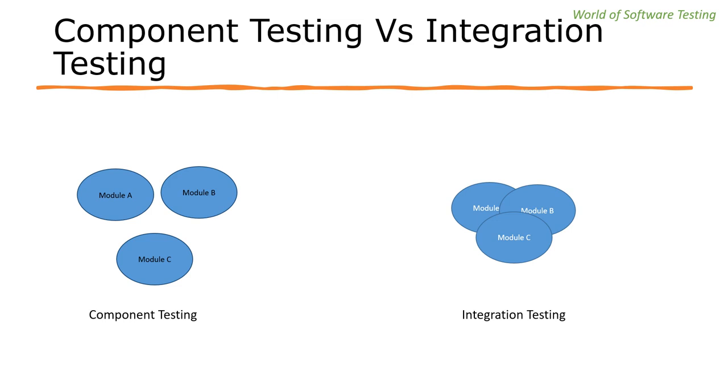Let us understand this with the help of an example. We have three modules, module A, module B, and module C. In the first, you can see this is a component system: this is component 1, this is component 2, and this is component 3. And here they are all bound together, and then they are going to be tested. This is integration testing.